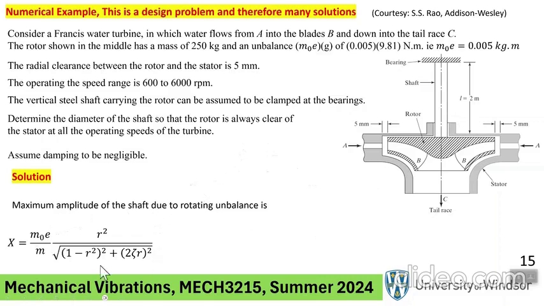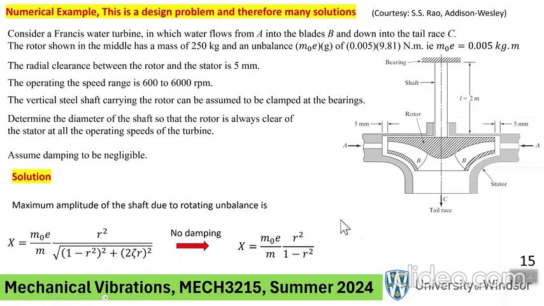Well, we have the formula for big X, which is the amplitude of the vibration due to mass imbalance. Now, if there is no damping, things simplify. Zeta is 0, so remember, the square root of (1 minus r squared) squared becomes 1 minus r squared, and the top stays right there.